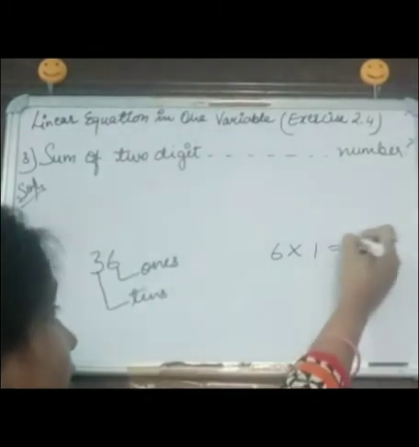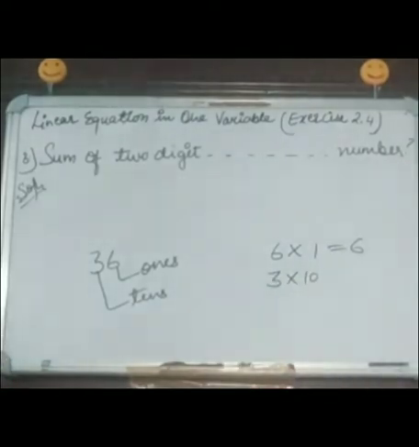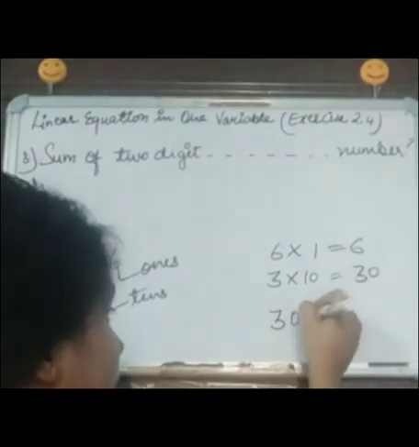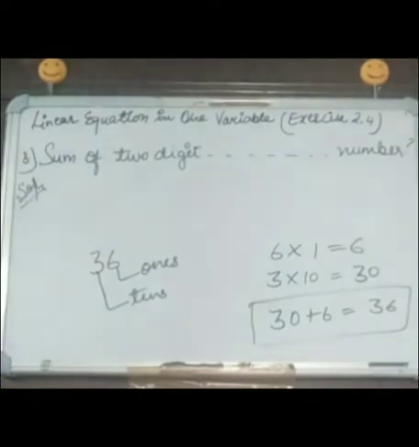And this 3 is at 10, so 3 into 10. Its place value is 10, and we multiply with its place value. So it is 30. Now when we add these numbers, we get 36. Same like that we have to do here, but with the help of a variable.